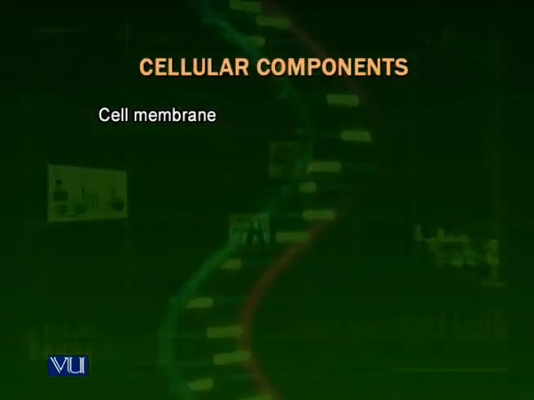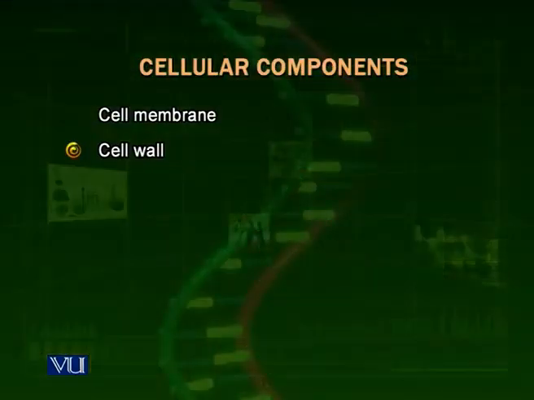Now we are going to talk about cellular components. A cell consists of many components. All cells are covered by a membrane called the plasma membrane or the cell membrane. This membrane protects the internal parts of the cell. Plant cells, fungal cells, and prokaryotic cells also have another layer outside the cell membrane, which is called the cell wall.